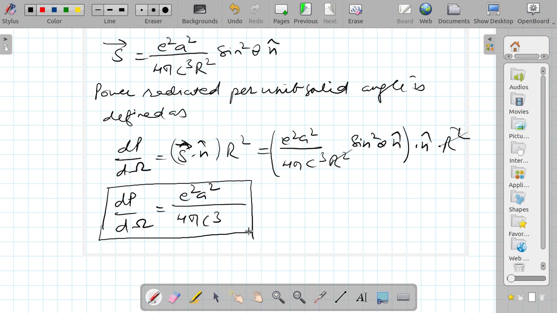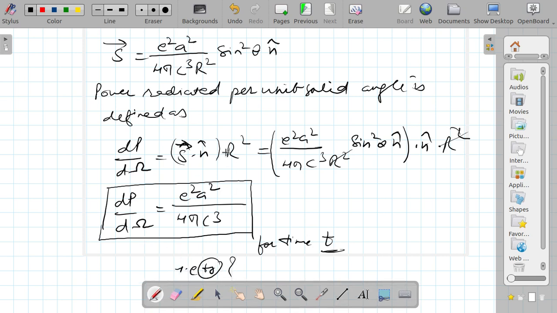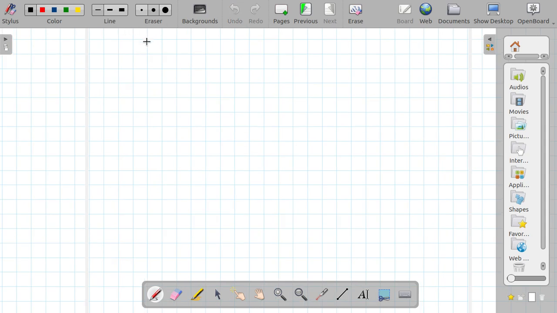radiative power per unit solid angle, but this is for time t, but we have to calculate this expression for the retarded time, that is t naught. So for this we can make changes, that is dP(t naught) over d sigma.